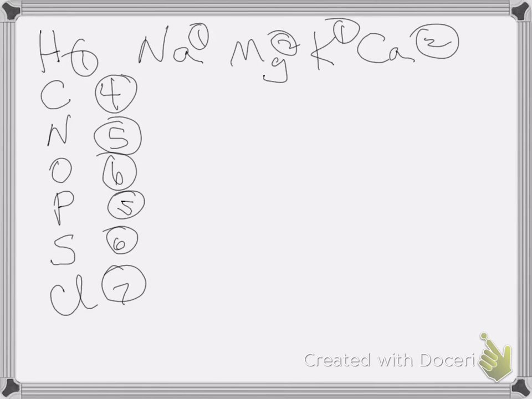What I need you to know next, now that you know the valence number, is how many electrons it takes for an atom to be stable. So hydrogen by itself is not stable, but it's in row 1. And level 1 things need 2 electrons.